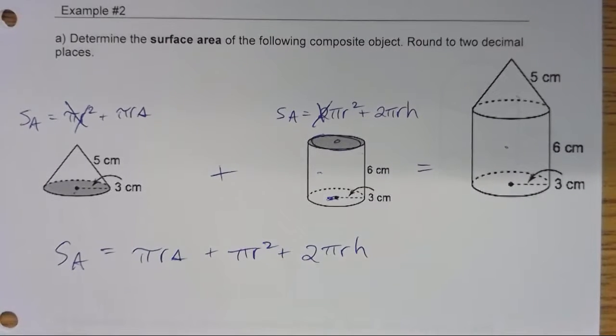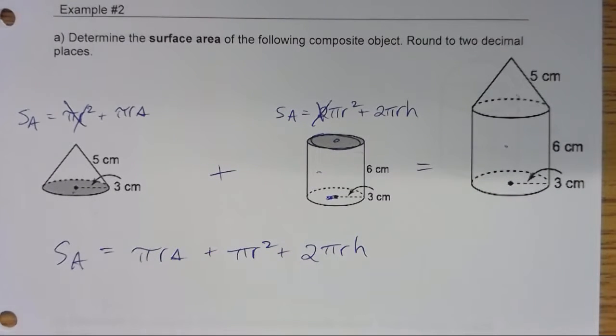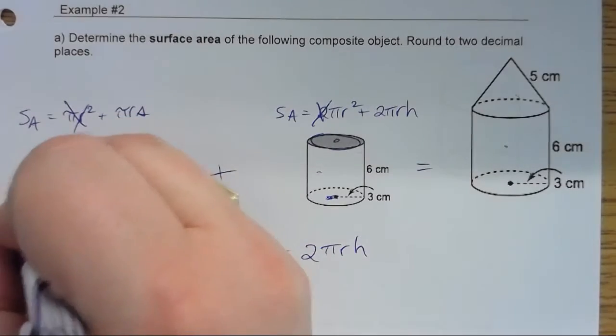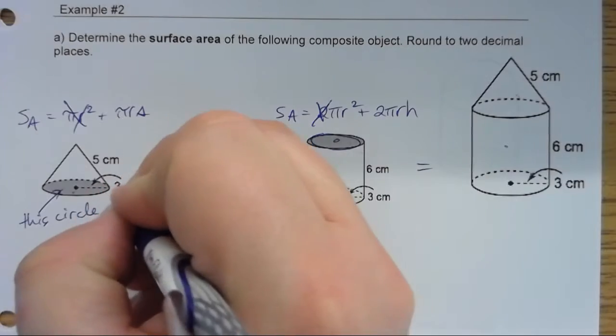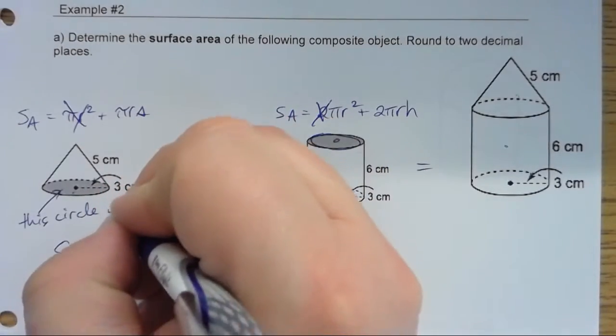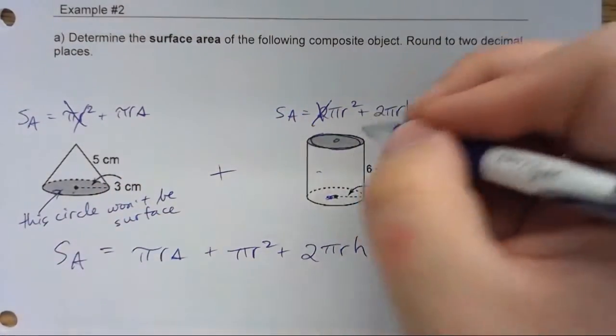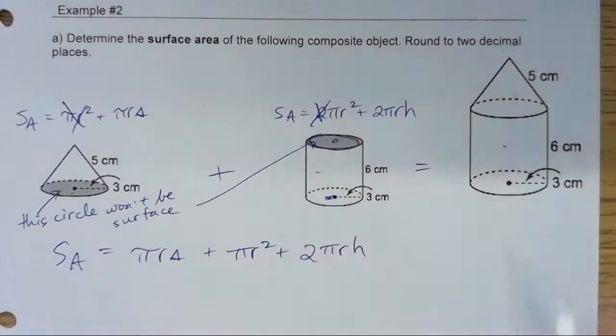And I think I got all those numbers, so I'm ready to punch buttons in. So again, this circle won't be surface, and same with that one.